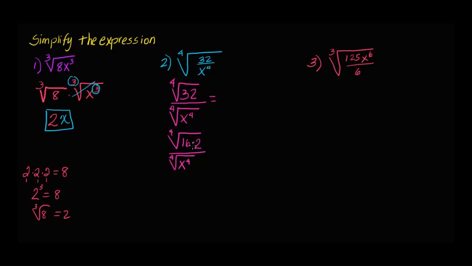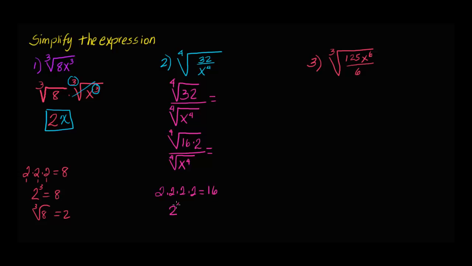There it is. So now that I've rewritten 32 as 16 times 2, I know that 16 does have a 4th root, because I can think of a number that I multiply by itself 4 times and get 16, and that number is 2. If you multiply 2 times 2 times 2 times 2, you'll get 16.